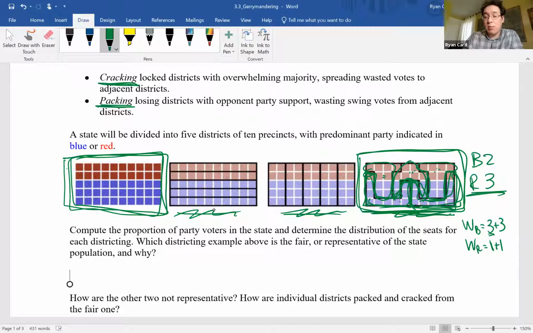That was the exact number they needed. But the blue party wasted 4 votes for each of those 3 districts, so 12 more, and red wasted no more. So the total number wasted on the blue side is 18, and the total wasted on the red side was just 2 total.